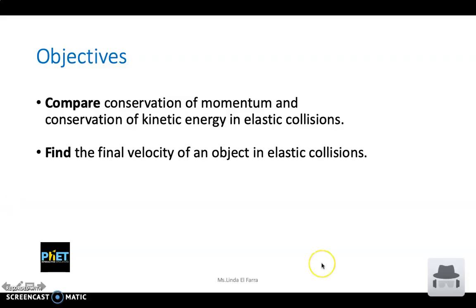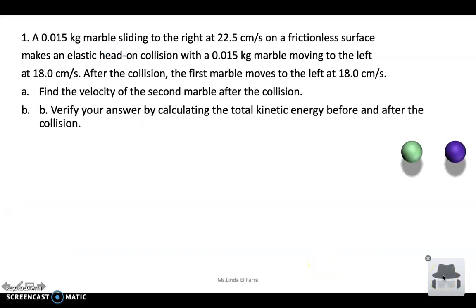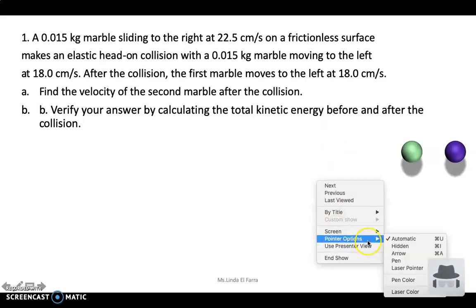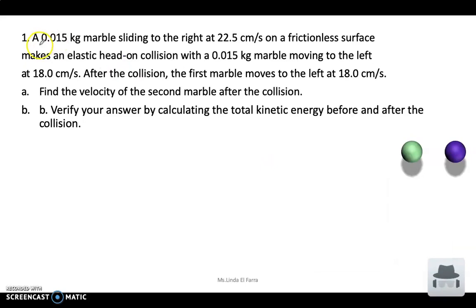Now, let's read the first question, and after that, we will draw our table. The first question says I have a 0.015 kilogram marble sliding to the right at a velocity of 22.5 centimeters per second on a frictionless surface. So this is the first marble. It's moving to the right, so velocity is positive.